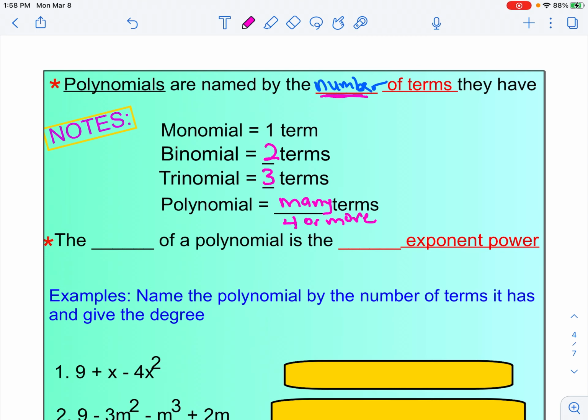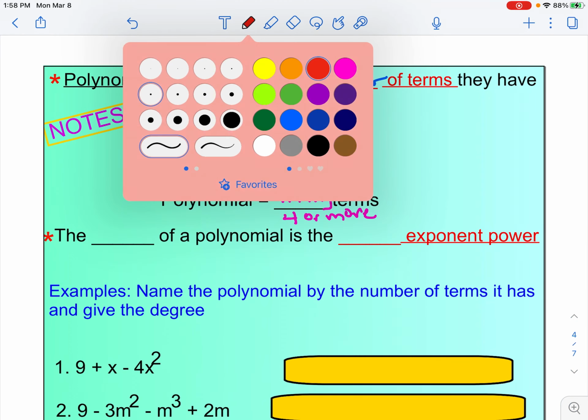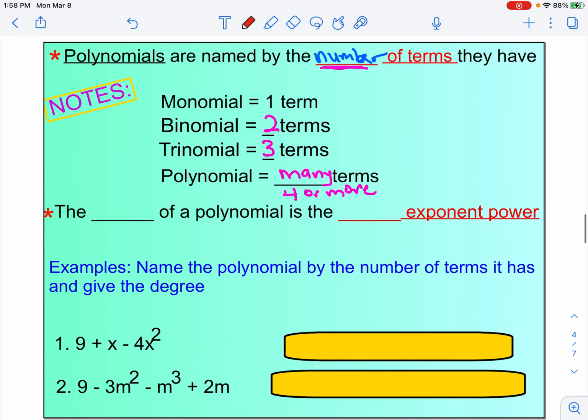So when we look at these examples that follow, we're going to have to pick out the number of terms we have. And I'll talk about that in a minute. But before we go any further, let's do one more term or definition, and that is the degree. The degree of a polynomial is the highest exponent power.